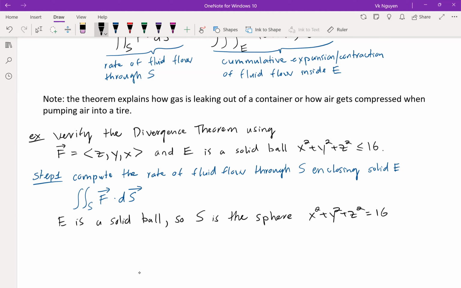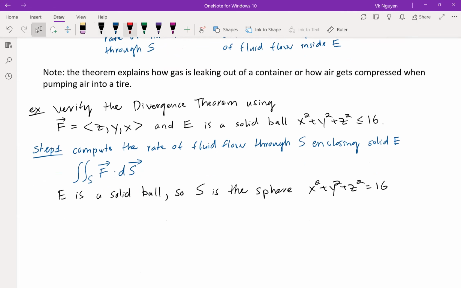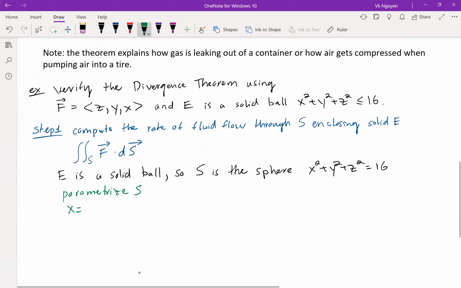We know how to parameterize the sphere using spherical coordinates. I'm going to parameterize S here. x equals 4 sin phi cos theta, y is 4 sin phi sin theta, z is 4 cos phi.